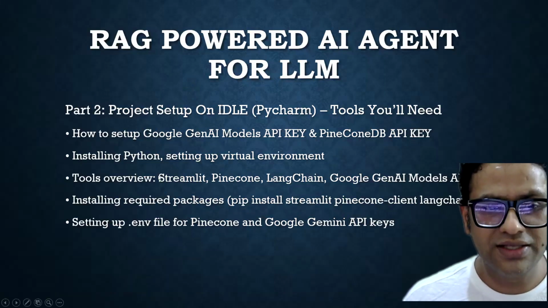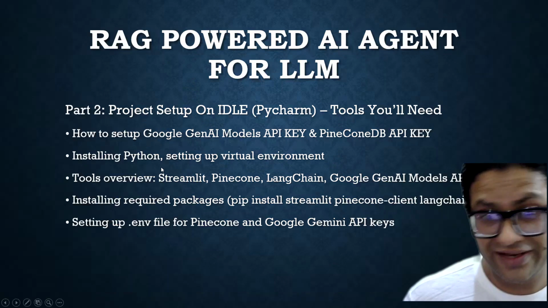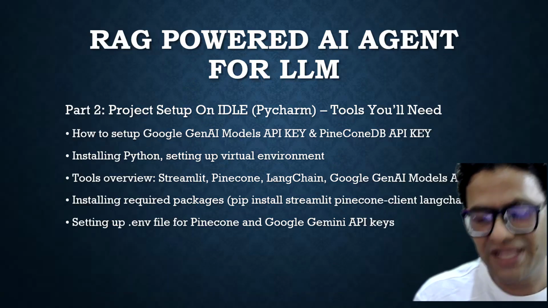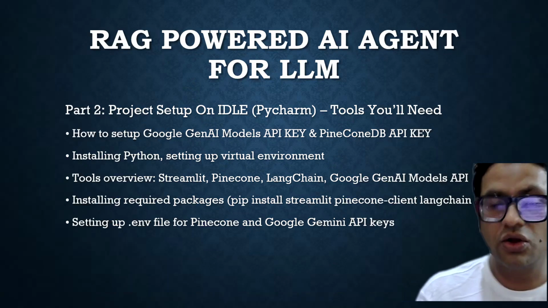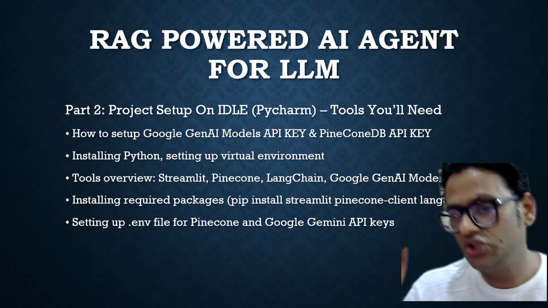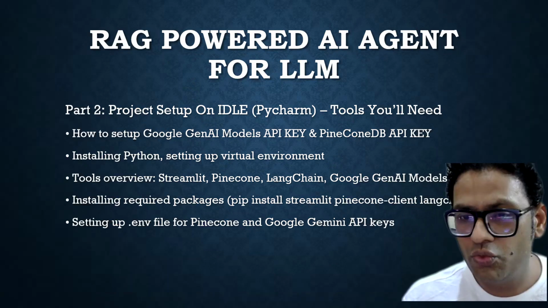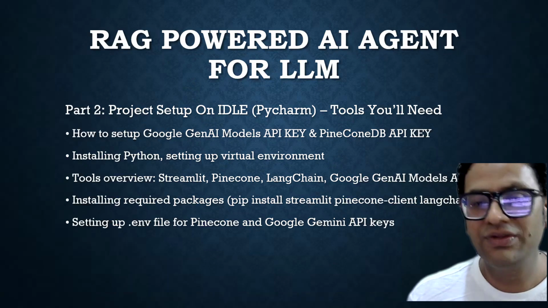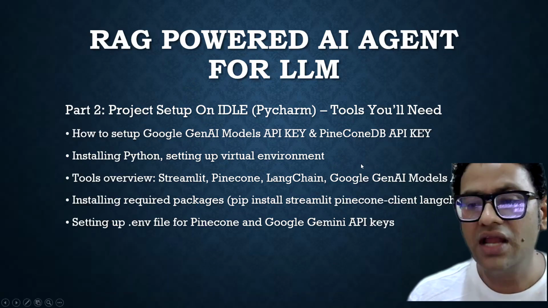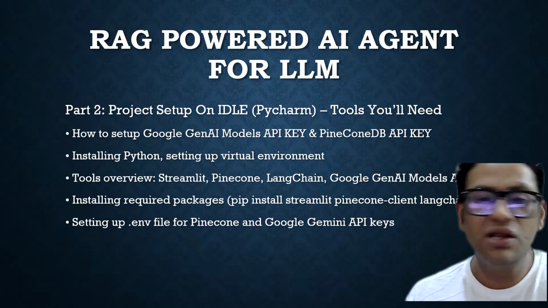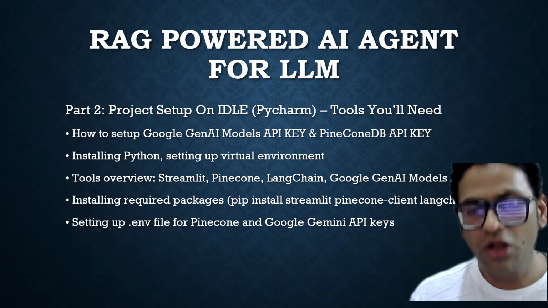We install Streamlit, through which we are going to create our web app. Pinecone, through which we are going to interact with the vector database. Langchain, through which we are not only going to interact with the large language model, but also with the Pinecone vector database. And with Langchain, we have installed another library, which is going to help us interact with the Google models, right? So we installed all of them.